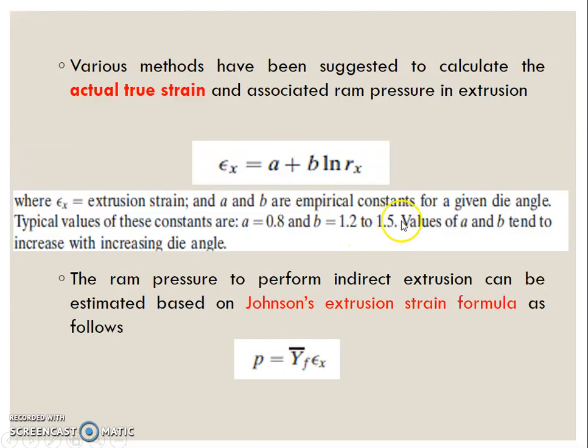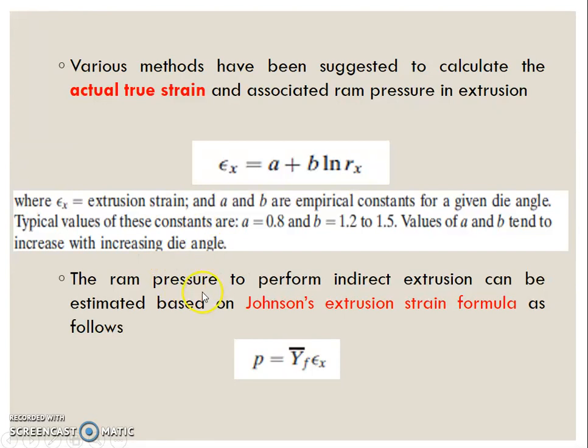If you have to calculate the actual true strain, usually you will be given the values of A and B. Usually the values of A and B will increase with the increasing die angle. We will see what the die angle is later.